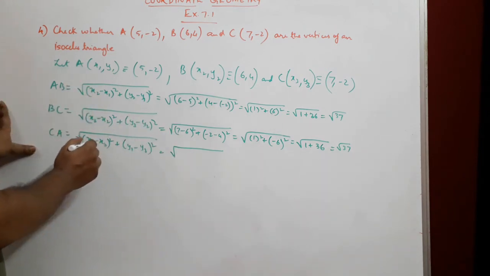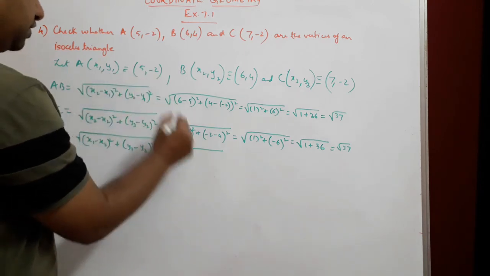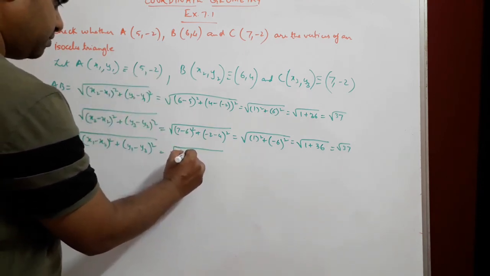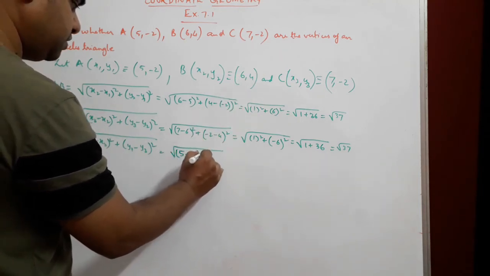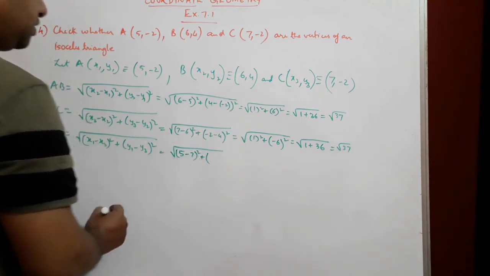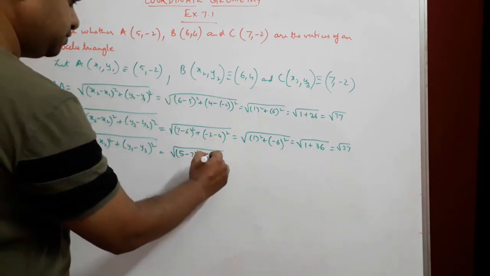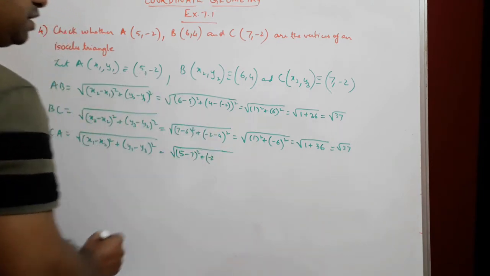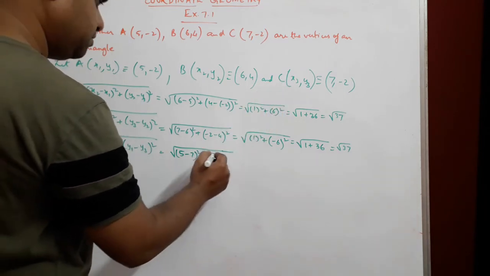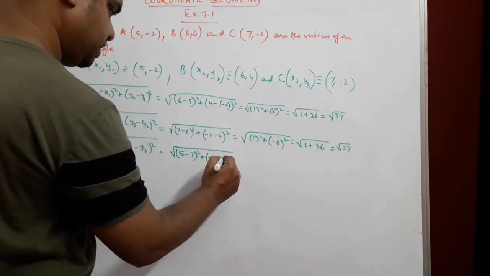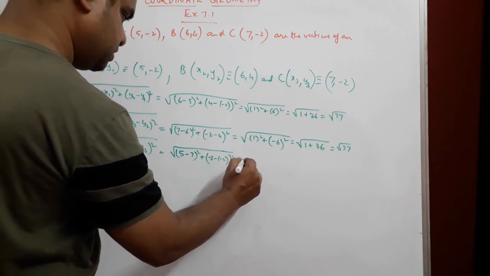So let's just find x1 minus x3. x1 is 5 minus x3 is 7, whole square, plus y1 is minus 2 and y3 is minus 2. So minus of minus 2, whole square.